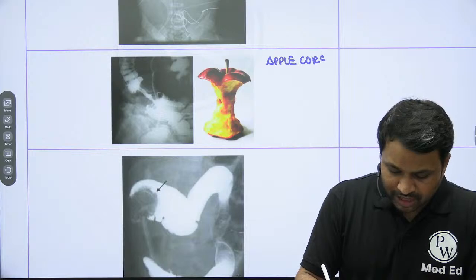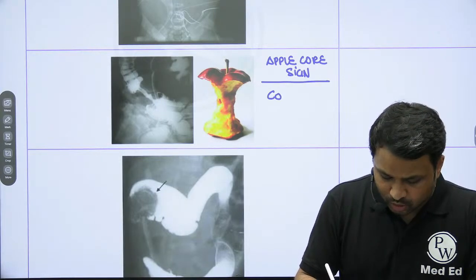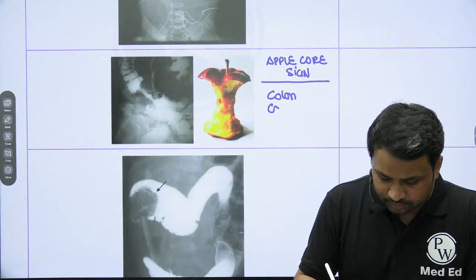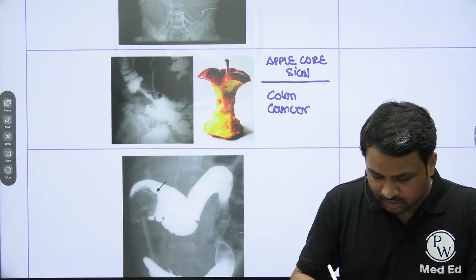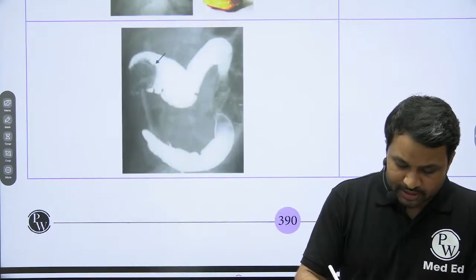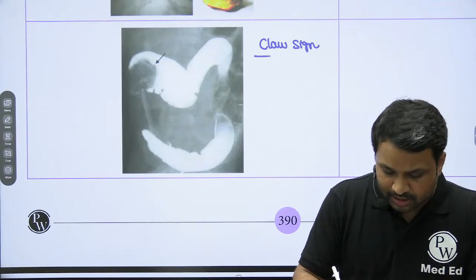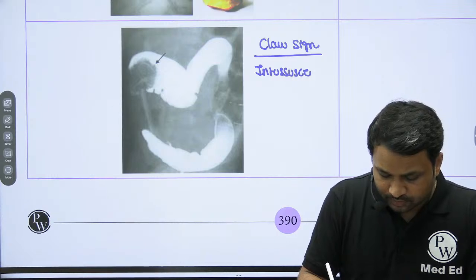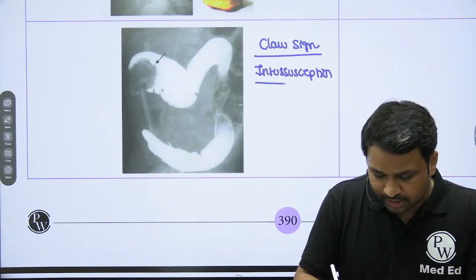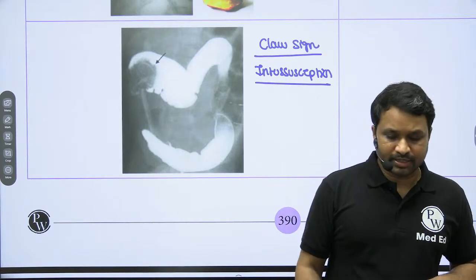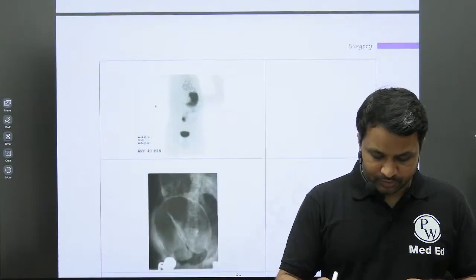So presence of apple core sign with the bowel haustrations indicates it is colon cancer. Then you see this is the claw sign on a barium enema, and this is classical for intussusception, right?